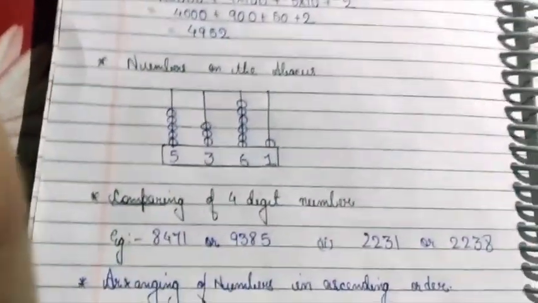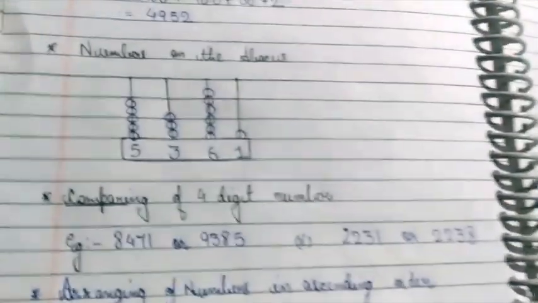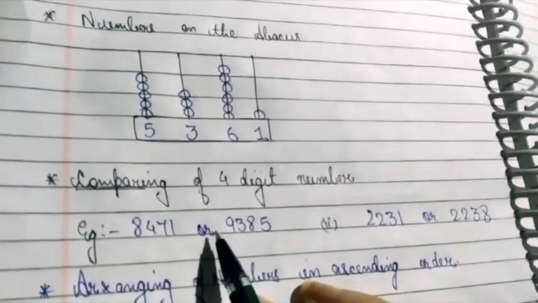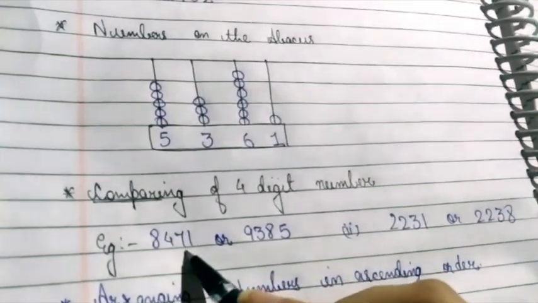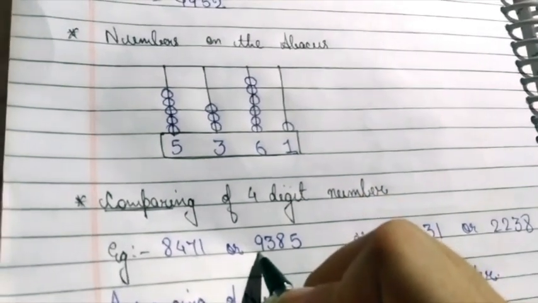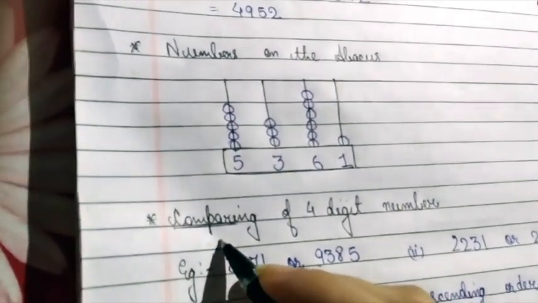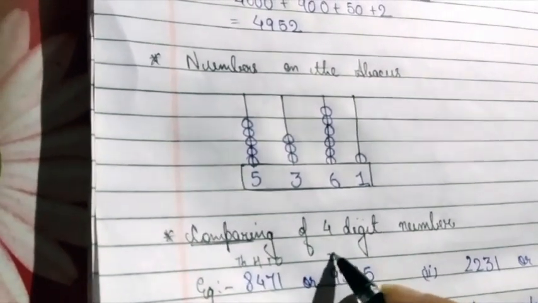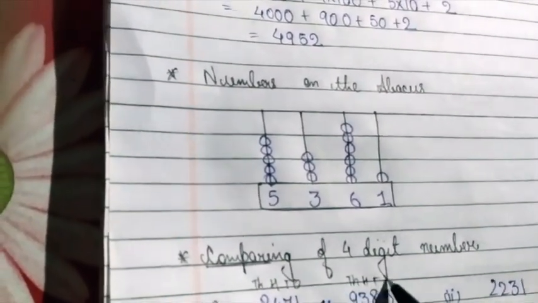So now we will study comparing of 4-digit numbers. Like we have studied the comparison of 3-digit numbers, we will now study the comparison of 4-digit numbers. So first we will compare the numbers in the thousands place. Let's just write the numbers in which place they are present. Thousands, 100, tens, ones.